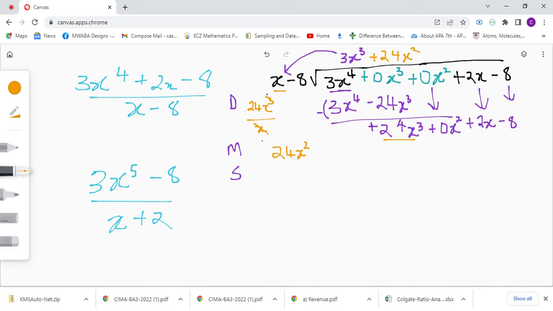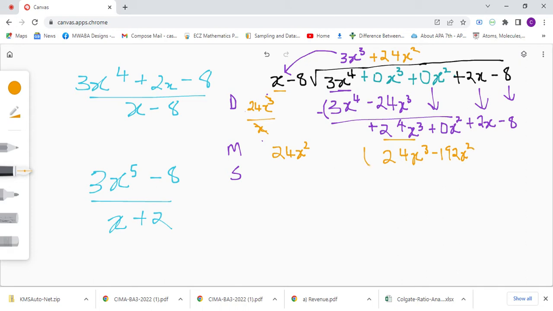24x squared times x, we get 24x cubed. 24x squared times negative 8: 24 times negative 8, we get negative 192x squared, so minus 192x squared.